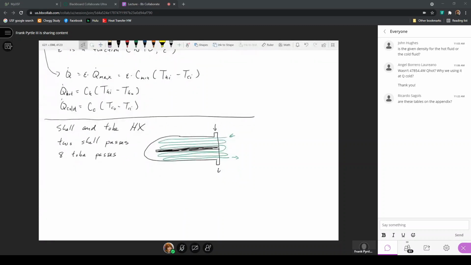And here we're going to consider that the cold fluid is ethyl alcohol. This ethyl alcohol has a specific heat of 2,670 joules per kilogram Kelvin, and is heated from 25 degrees to 70 degrees while it's flowing at a rate of 2.1 kilograms per second.